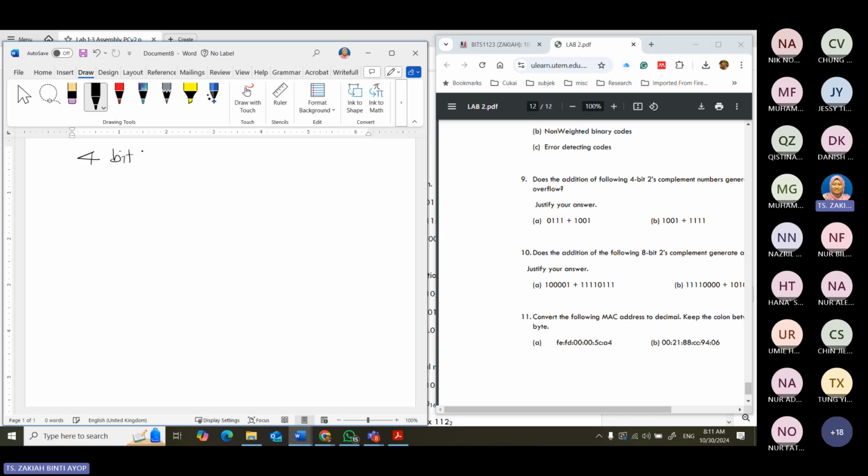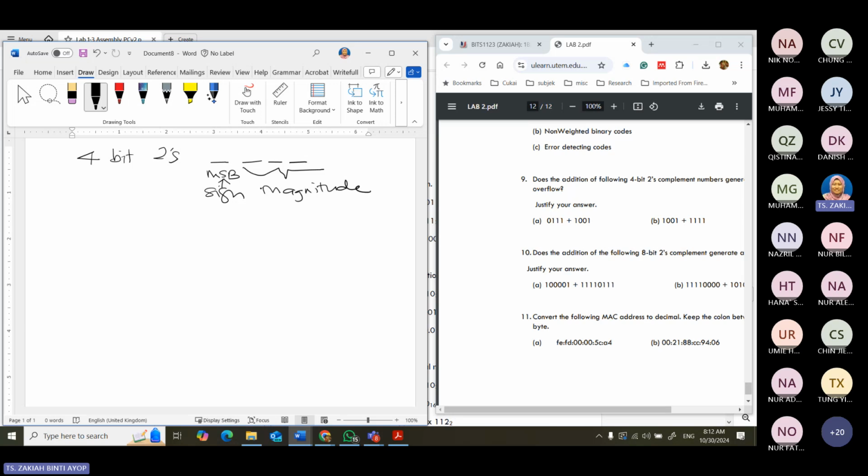It means that the first bit, the most significant bit here, is a sign bit, and the rest, these 3 bits, are the magnitude. We call these 3 bits the magnitude and this one the sign bit.